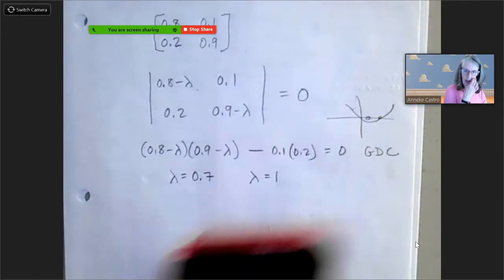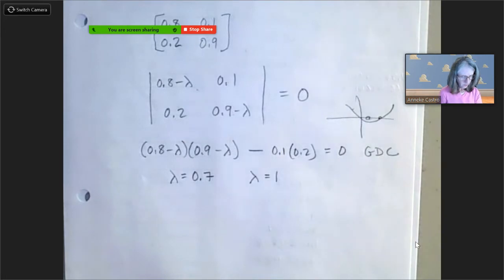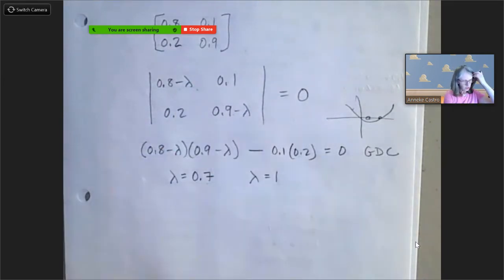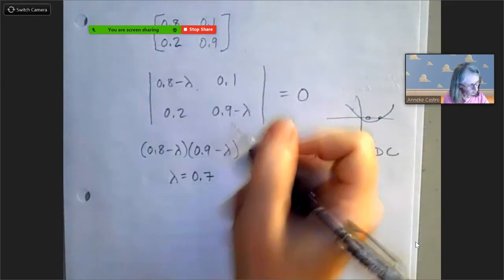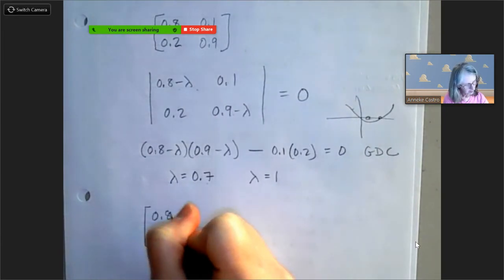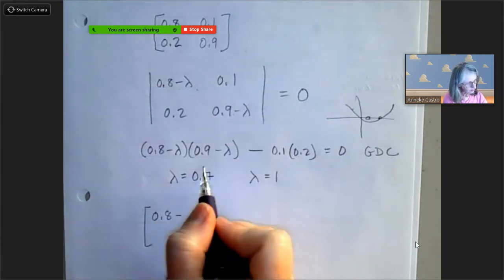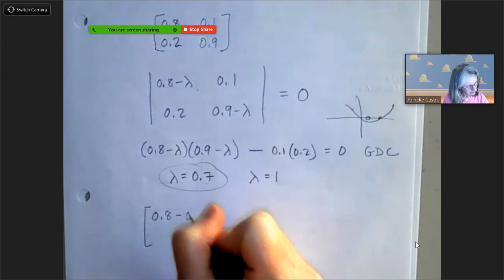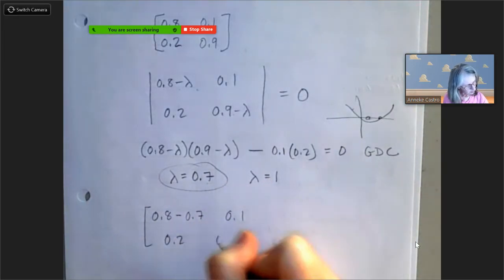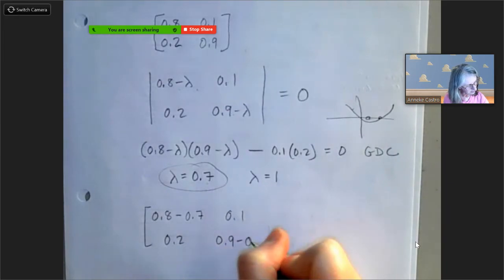Then to get my eigenvectors, I'm going to put these back in one at a time into my matrix here. So I'm going to have 0.8 minus, let's use this one first, 0.7, and then my 0.1, my 0.2, and 0.9 minus 0.7.